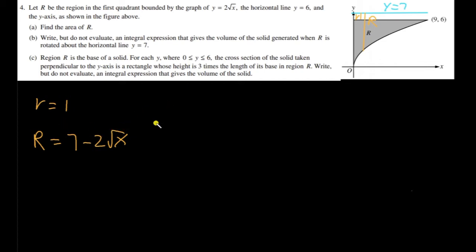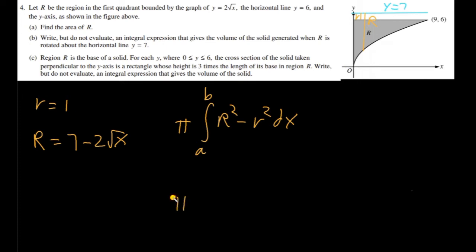Now all we got to do is plug this into our formula, which is pi integral from a to b of big R squared minus little r squared dx. And what is little r, big R, and a and b? Well, we know little r and big R. A and b are going to be the x points of the beginning and end.